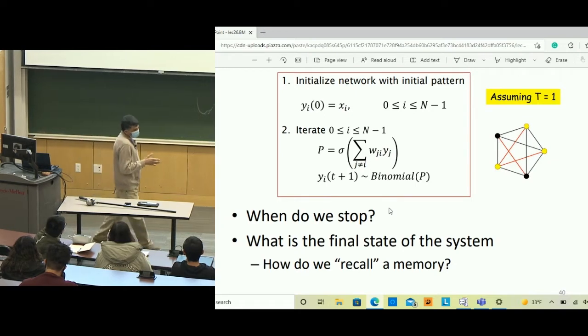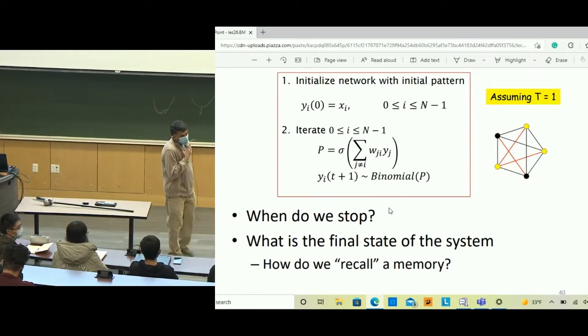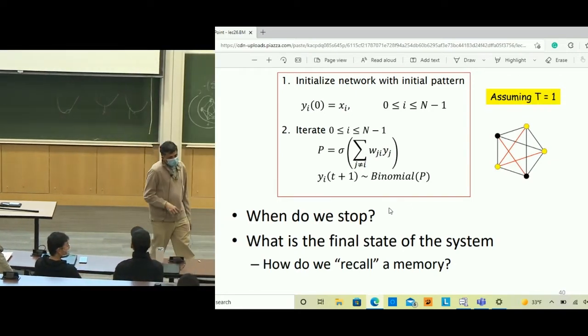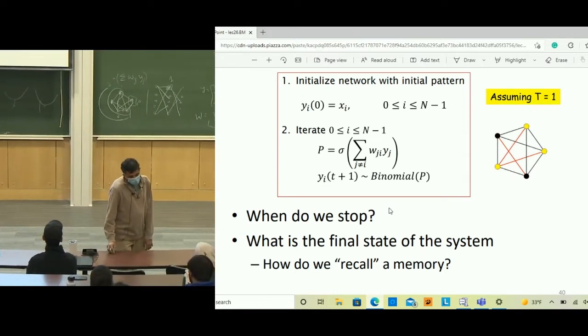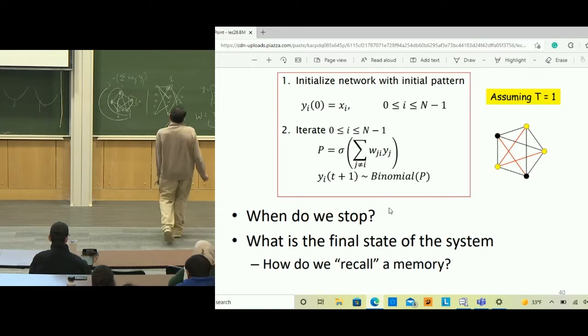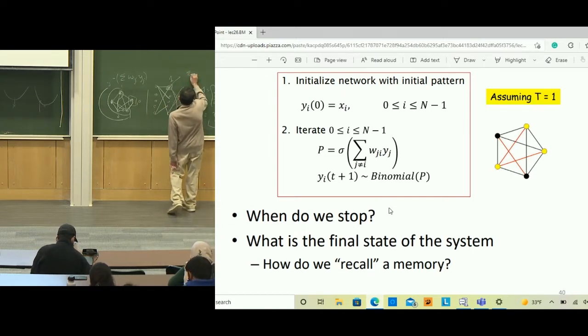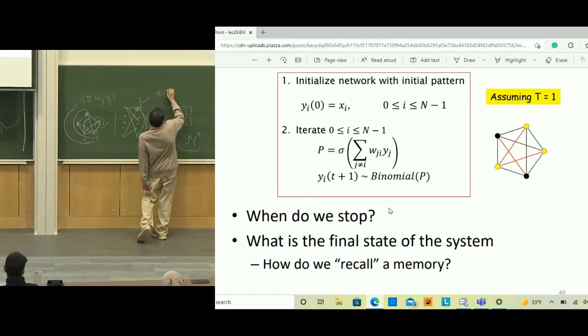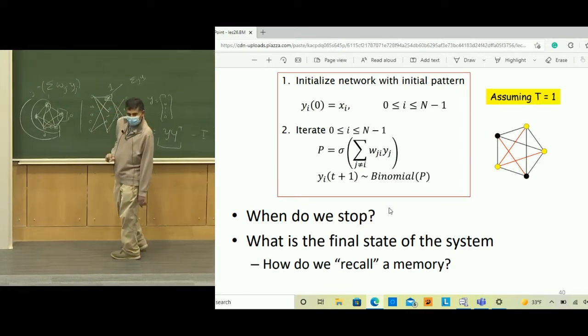This tells me when to iterate, right? Yes. What did you mean by flip a coin? Flip a coin, you're drawing a random number from a binomial distribution, right? That's flipping a coin with the probability of heads equals p. For each neuron, you get a weighted sum of field, summation w_ij y_j.